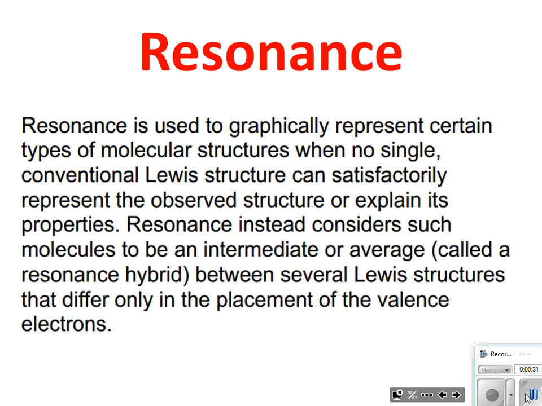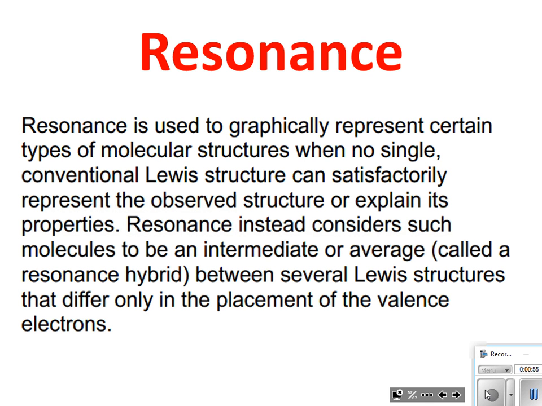Resonance. The biggest thing that I want you to be aware of when we're dealing with resonance is that we cannot write a single Lewis structure to represent the molecular structure. And you're going to see how we represent it here when I pull up the next slide.